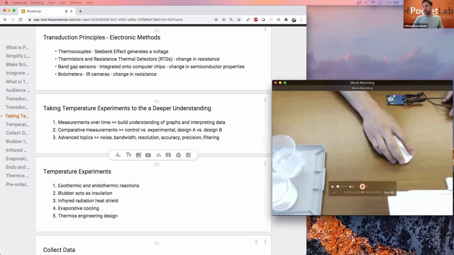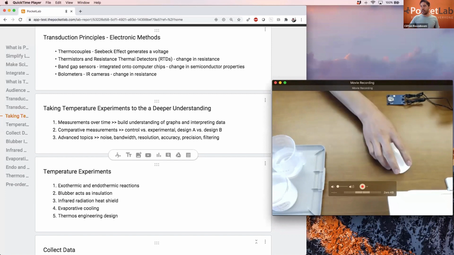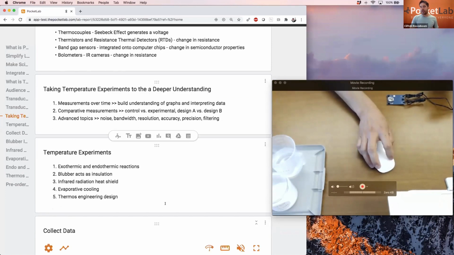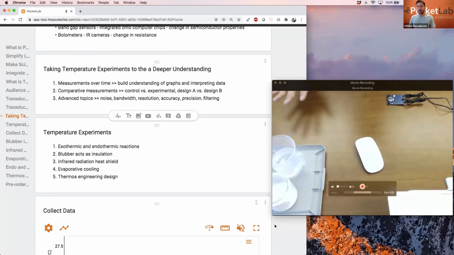And let me switch back. And hopefully you can see my document camera over here. And I'm going to be doing some experiments down here. We're going to try to rapid fire through, we'll see how many we get through. Exothermic and endothermic reactions, insulation, infrared radiation shields, evaporative cooling, and thermos engineering design.